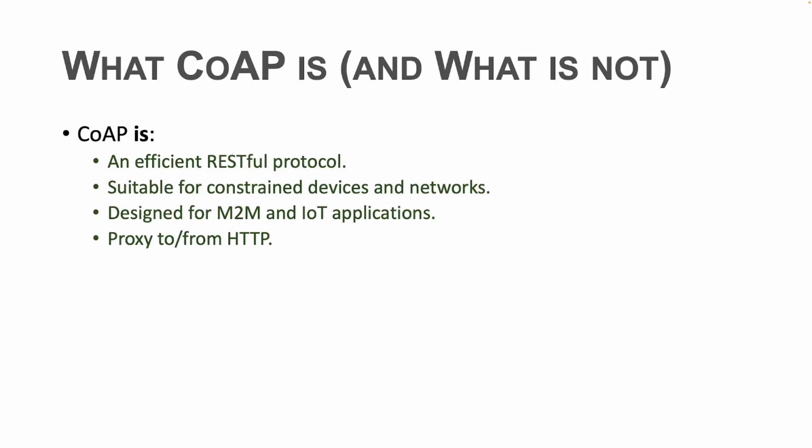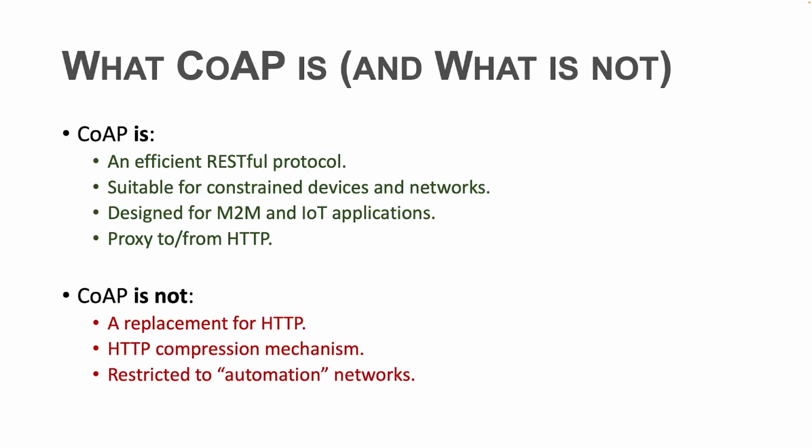It is specifically designed for machine-to-machine and IoT applications with constrained requirements. Finally, it is easy to proxy back and forth from HTTP. On the other hand, CoAP is not a complete replacement for HTTP, and it is not a compression mechanism either to save some bandwidth out of HTTP. Finally, CoAP is not restricted to the automation networks.